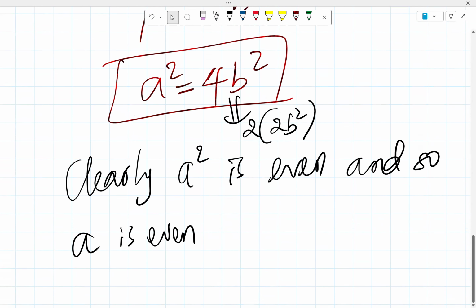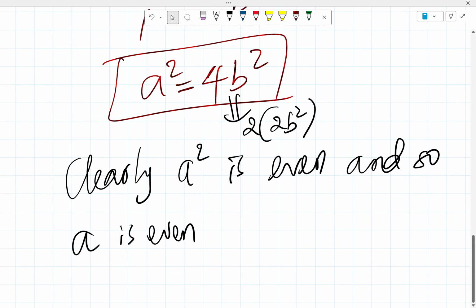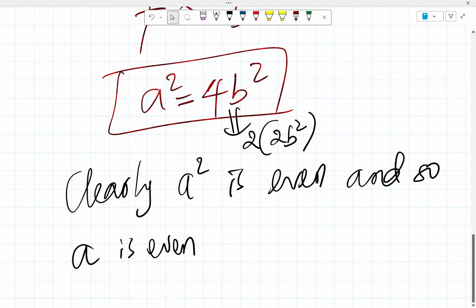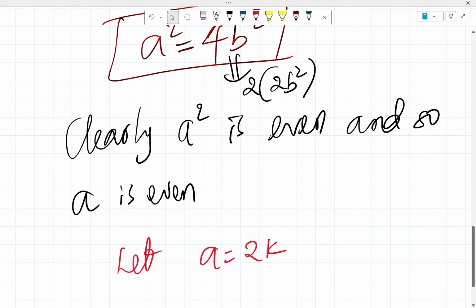Going from that, let's say we let a be 2k, because we have seen that a is even, so we then have a is 2k now.